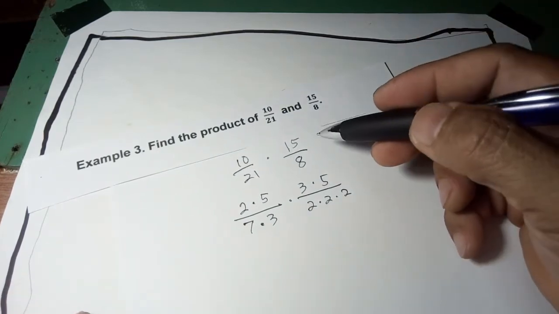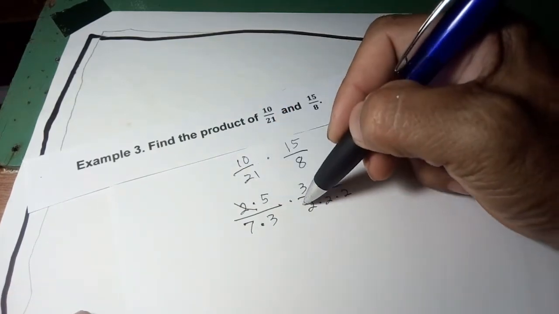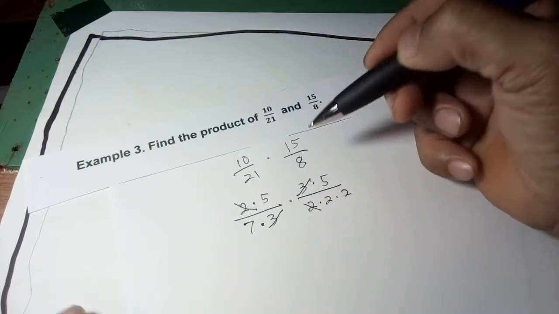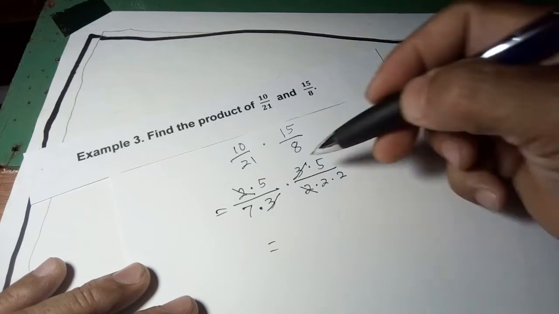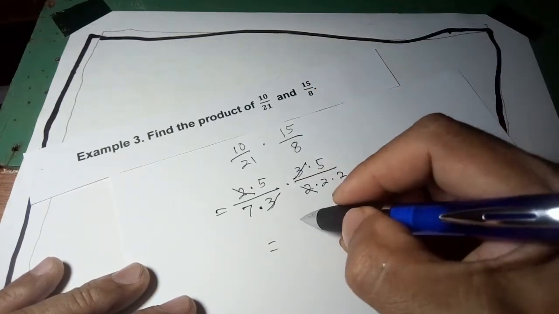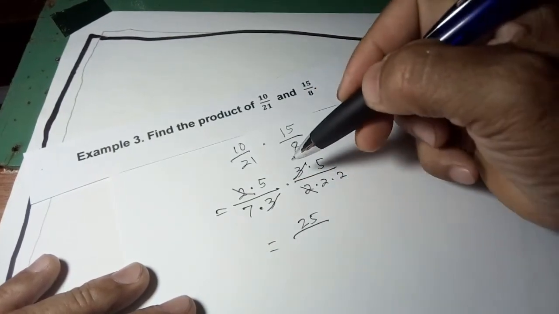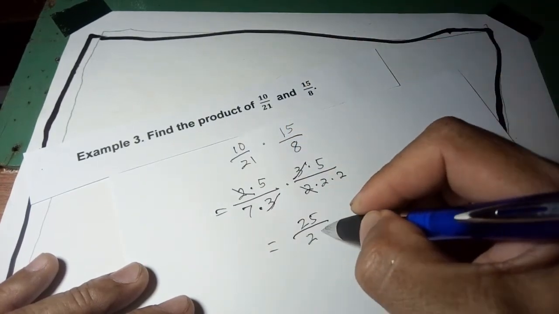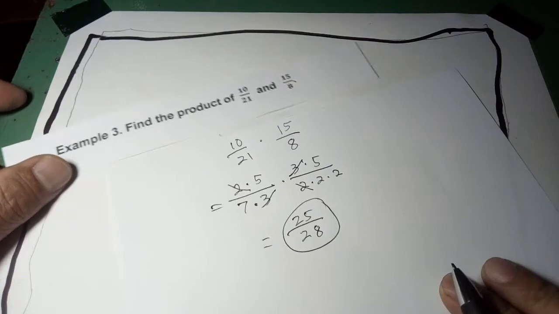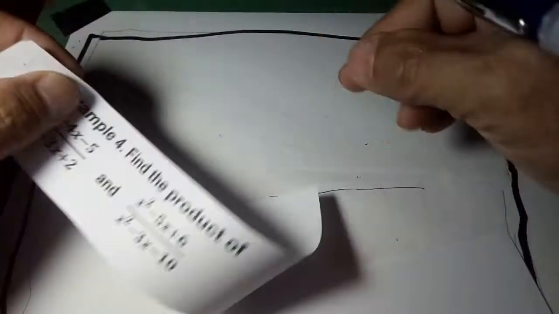Cancel out common factors: a 2, and the 3s. So what is left is 5 times 5, 25, over 7 times 4 is 28. So 25 over 28.